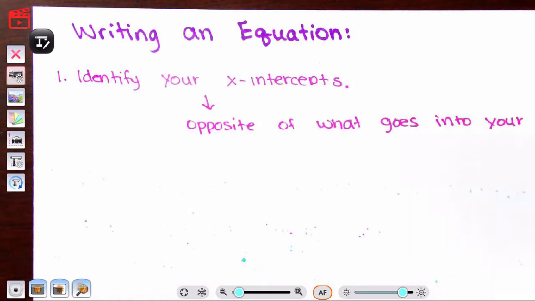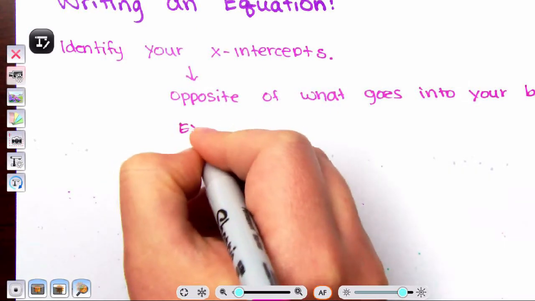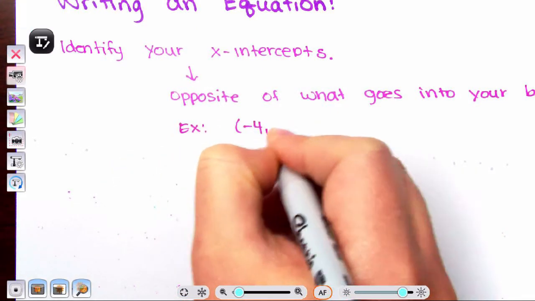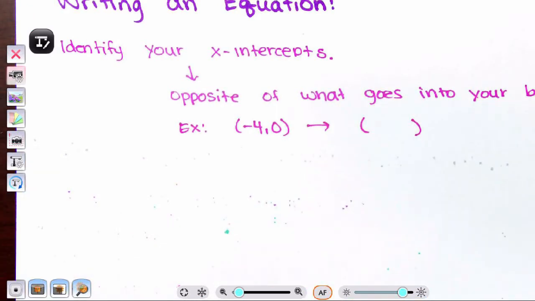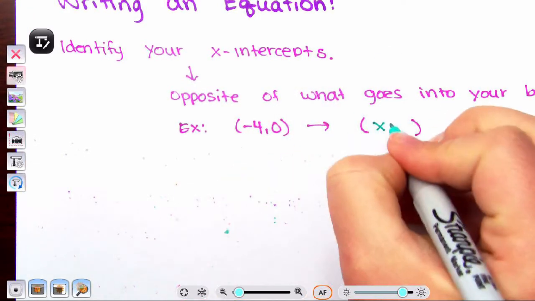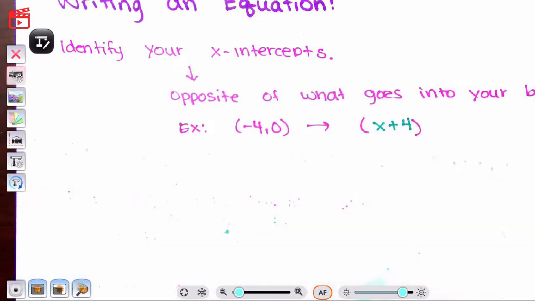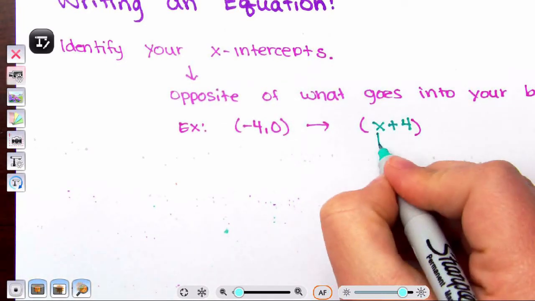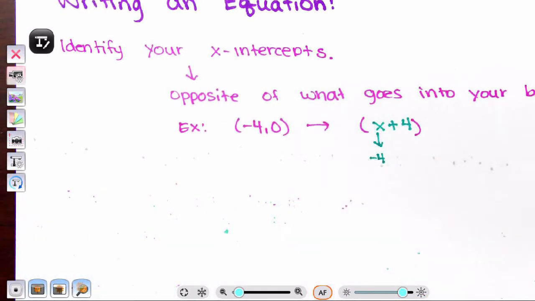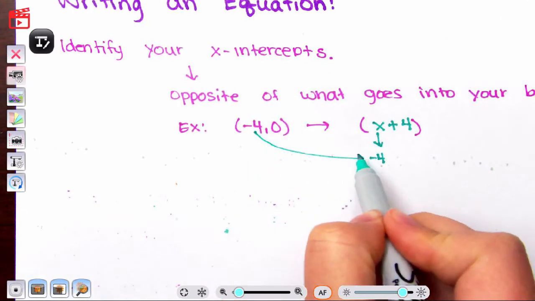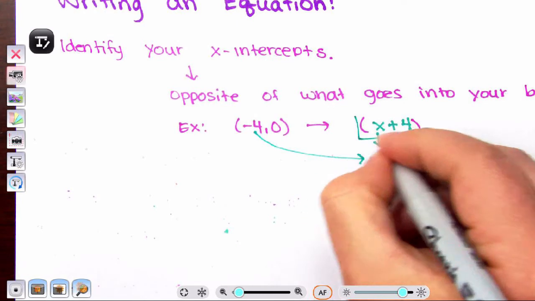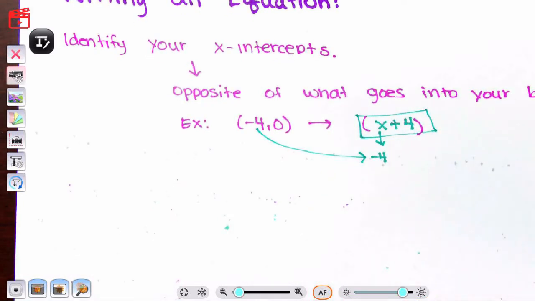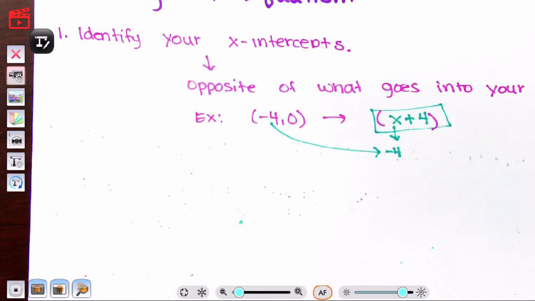For example, if your x-intercept is -4, 0, inside your bubble, you're going to write x plus 4, okay? Because x is the x-intercept. This is where the -4 comes from, but since we're working backwards, you're going to, in your bubble, do the opposite. So that's step number 1, identify your x-intercepts.